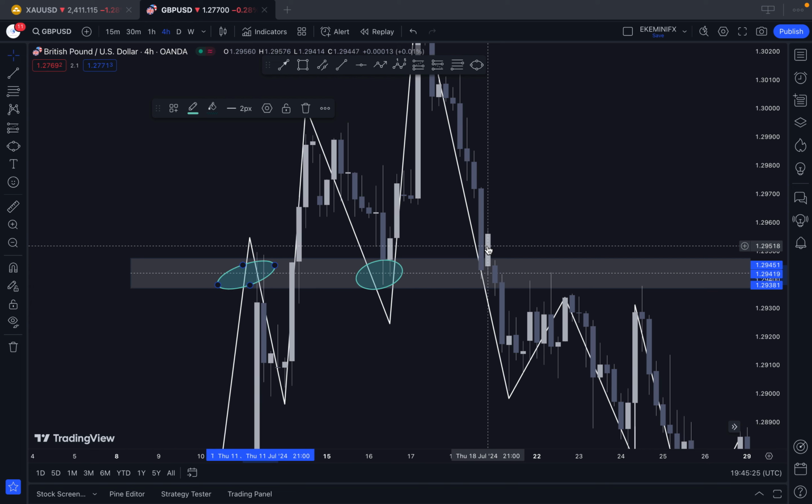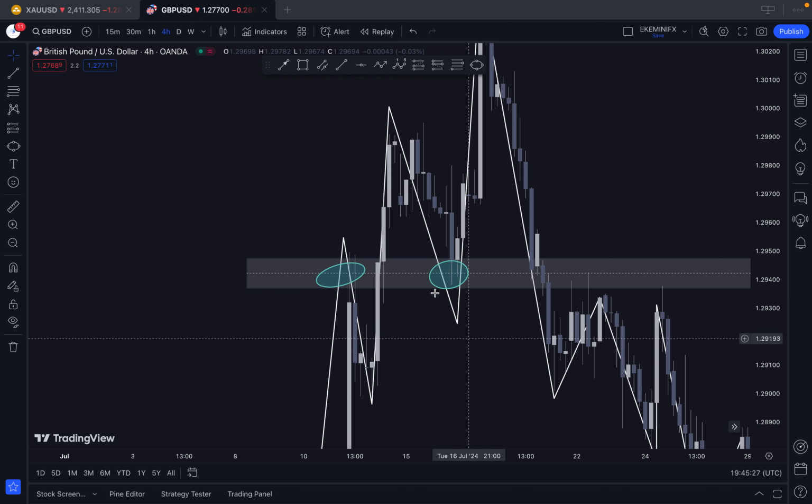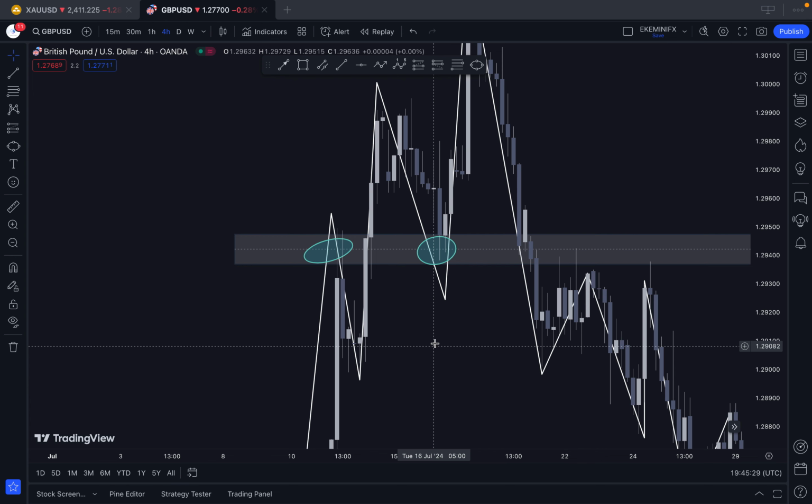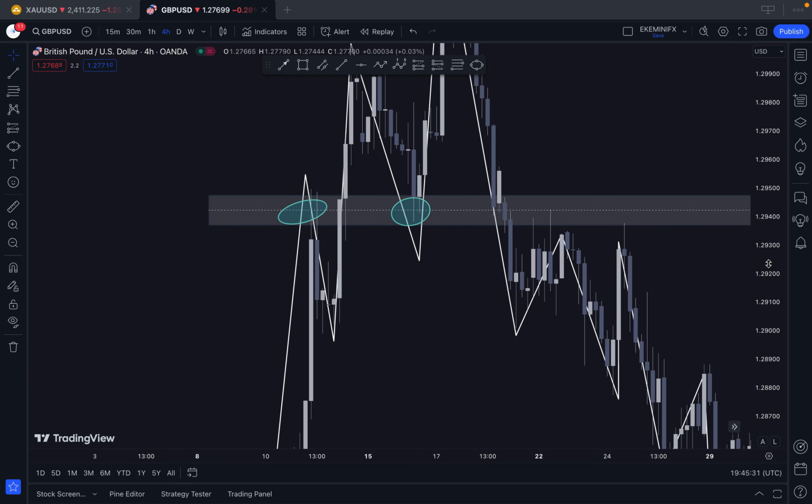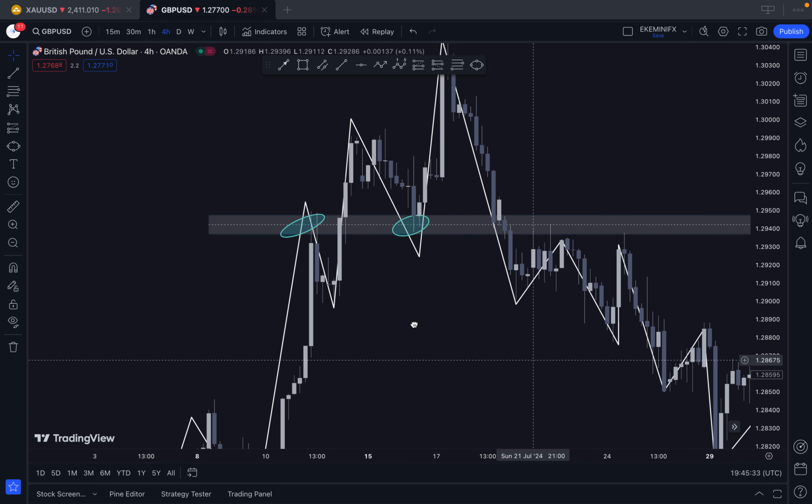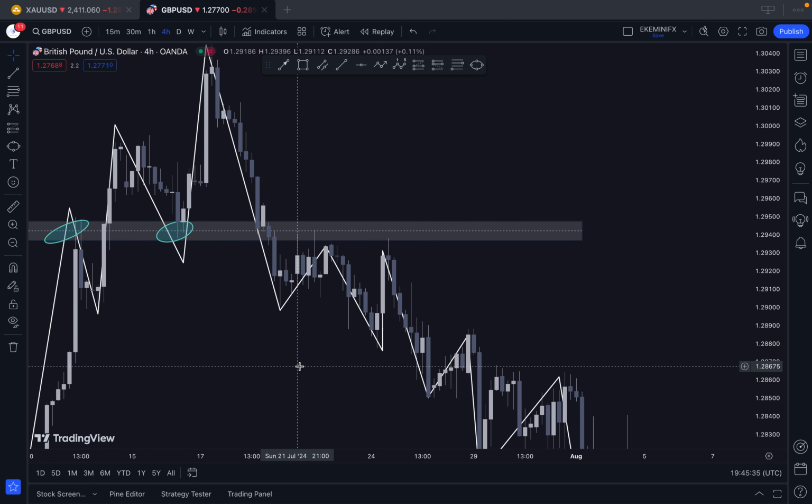And now the market broke below that place. That was why we realized that at this point in time, we are heading down. And then it started giving us higher lows and lower highs, lower highs, higher lows.